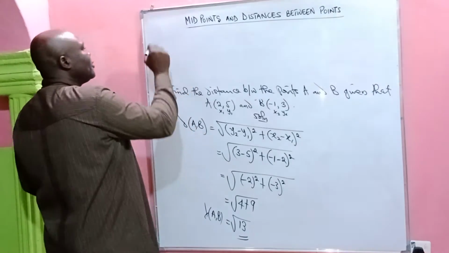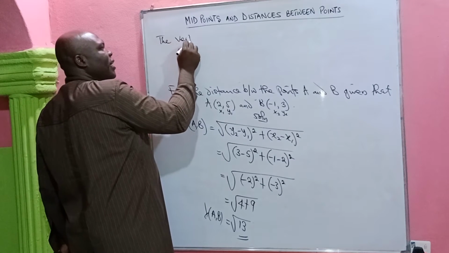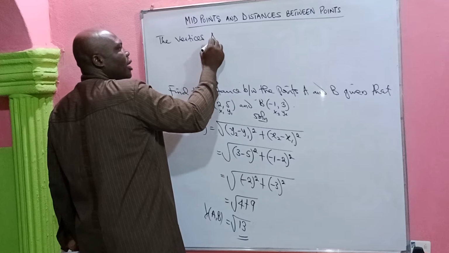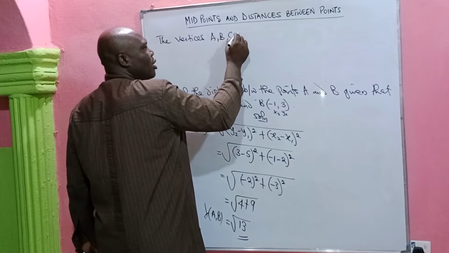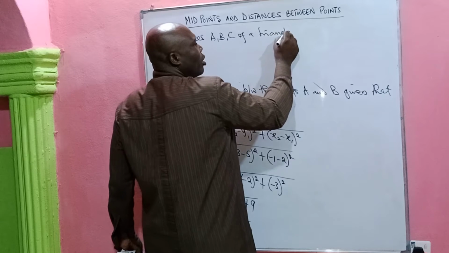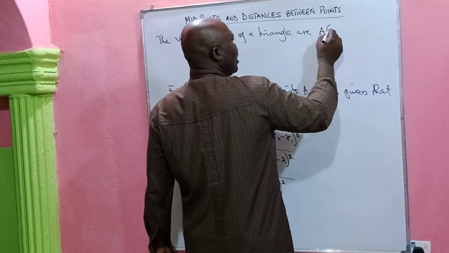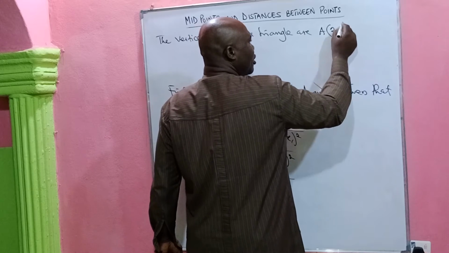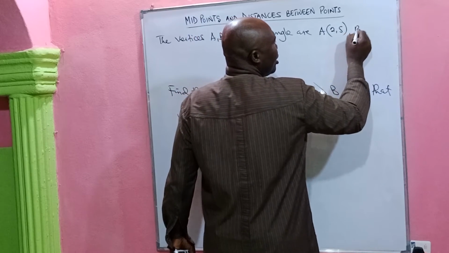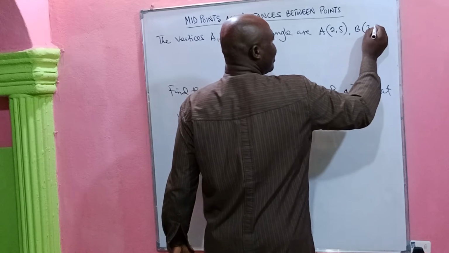Say, for instance, you might be asked, the vertices ABC of a triangle are, A is on the point, let's say 2, 5. B is on the point, let's say 3 and 7.